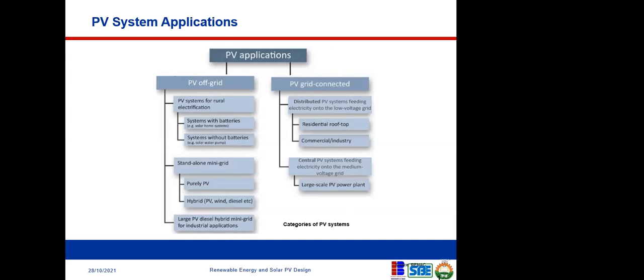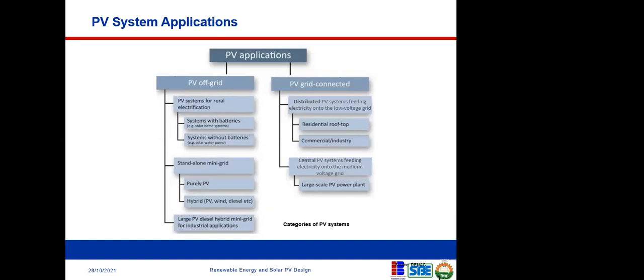On the grid-connected solar system, we have the distributed PV system, just like the example I gave you the other time, where you generate in your own house, you sell the excess to the grid, and it becomes available to me in my own house. That is a grid-connected PV system. You have the residential rooftop, and the commercial and industrial PV systems as well.